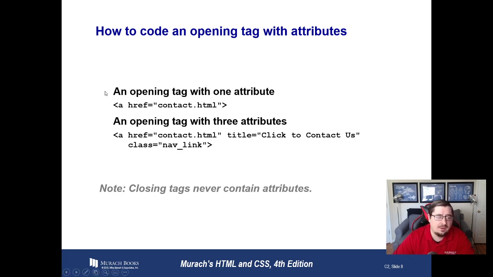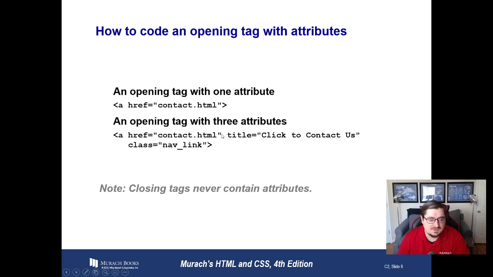For instance, if I have an A tag, which we refer to as an anchor tag, we might add a single attribute to it like this. Here I say href is equal to contact.html. So there's the name of the attribute and the value of that attribute, or we might say the key and the value.